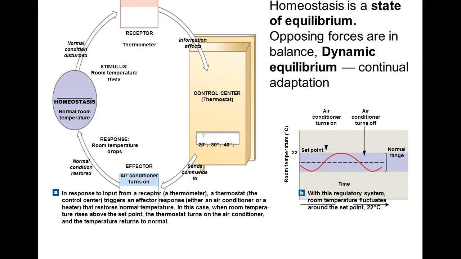So homeostasis is defined as a state of equilibrium, so a state of constant maintenance of balance. And if you're somebody who's in the gym and you are ever on one of those balance boards, it's like you're constantly readjusting from one foot to the other to make sure you stay balanced.